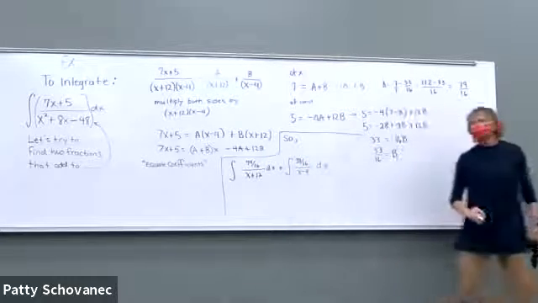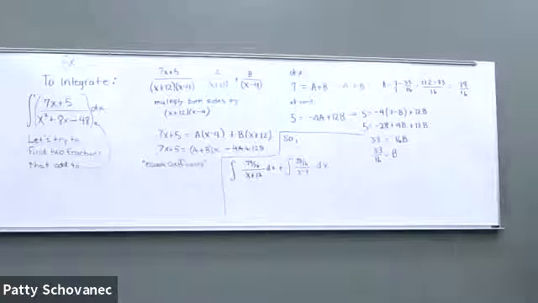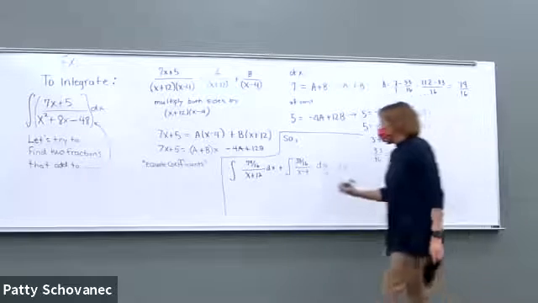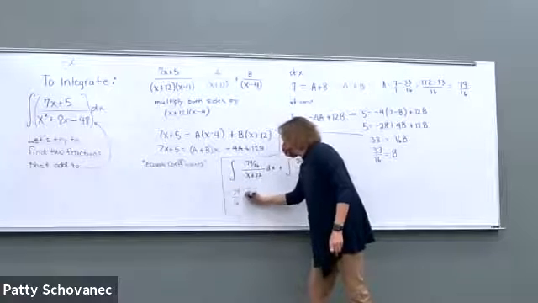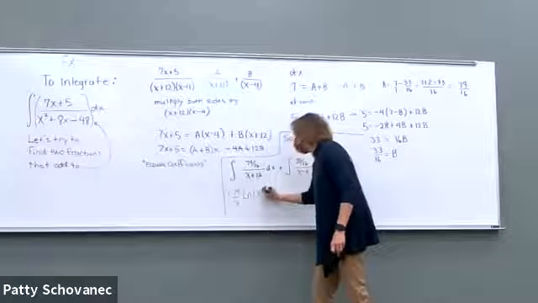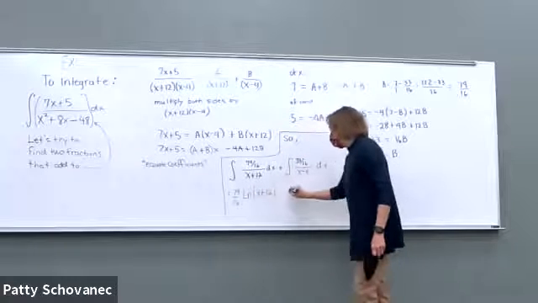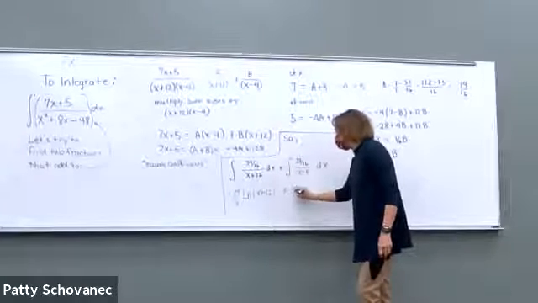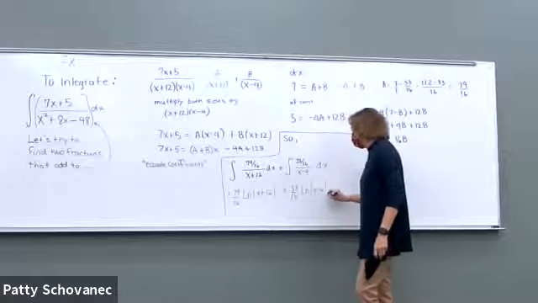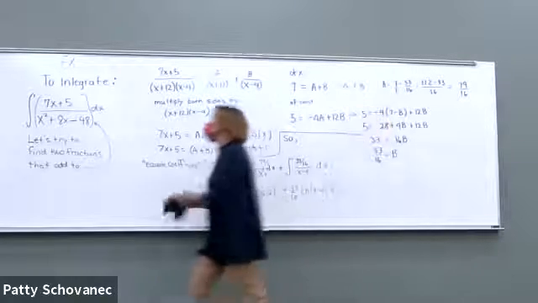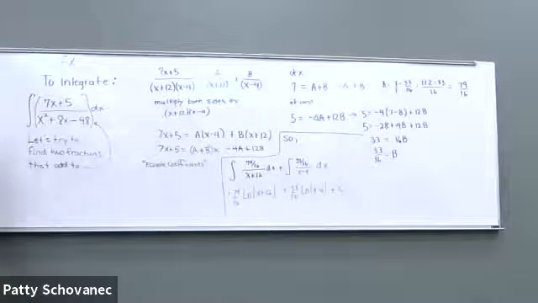Both of those are logarithms without any constants being contributed. So we get 79 over 16 times the natural log of x plus 12, plus 33 over 16 times the natural log of x minus 4. That integral is the same as that one. Okay?